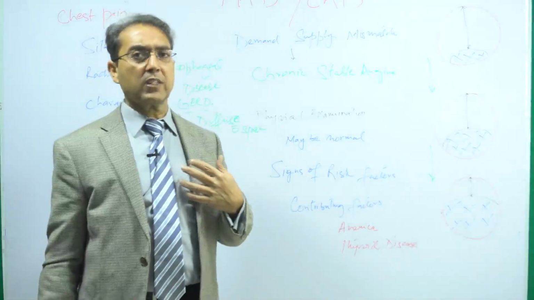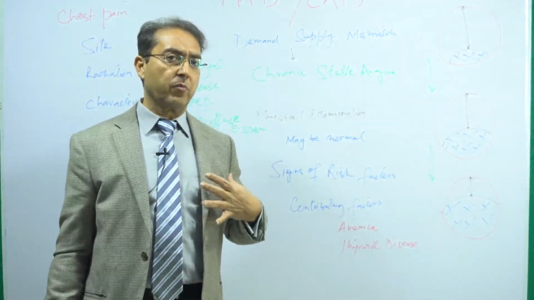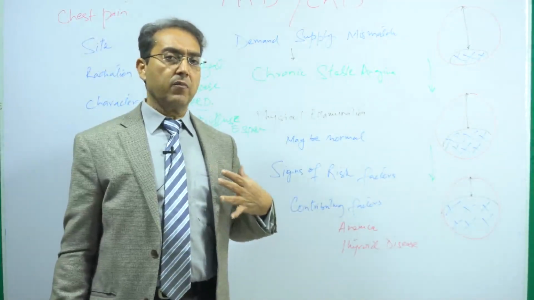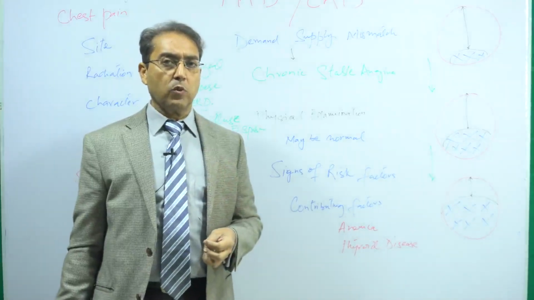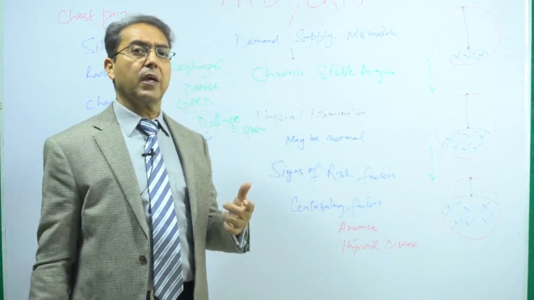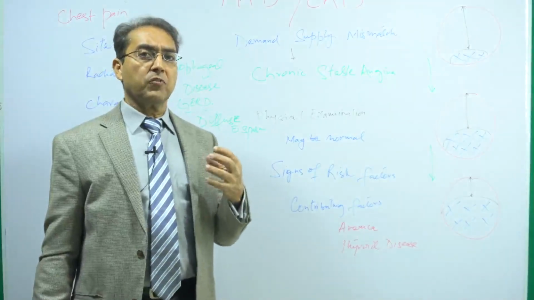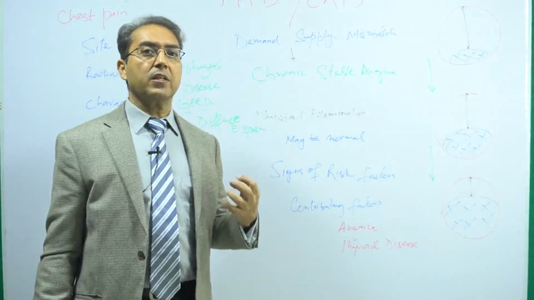The parietal pleura is supplied by the somatic nerves which do not cross the midline. The patient will complain of pain which is hemithoracic. If it is crossing the midline, most likely this is not from the parietal pleura. And the second thing is this pleural pain has association with respiratory phenomena. For example, if the patient coughs or sneezes, the pain increases.